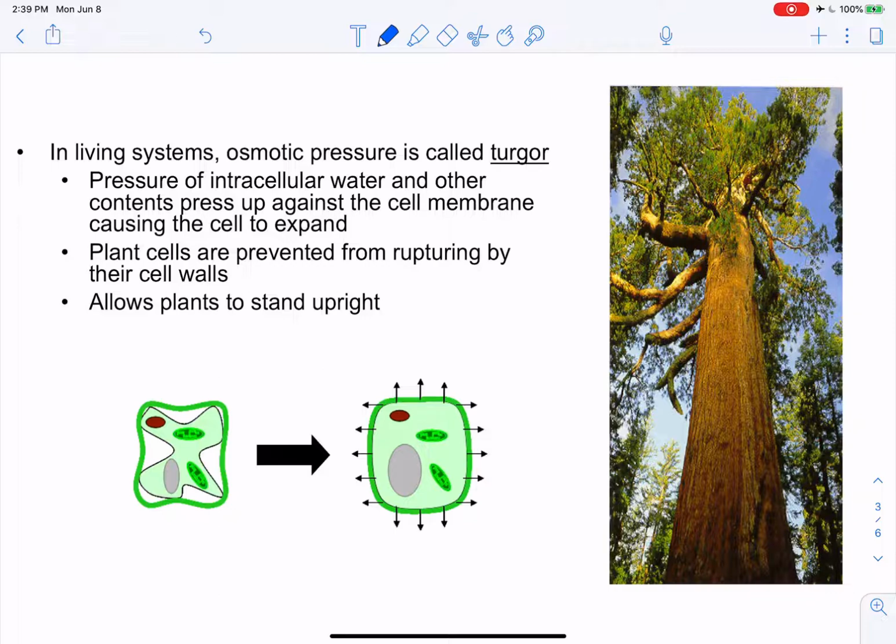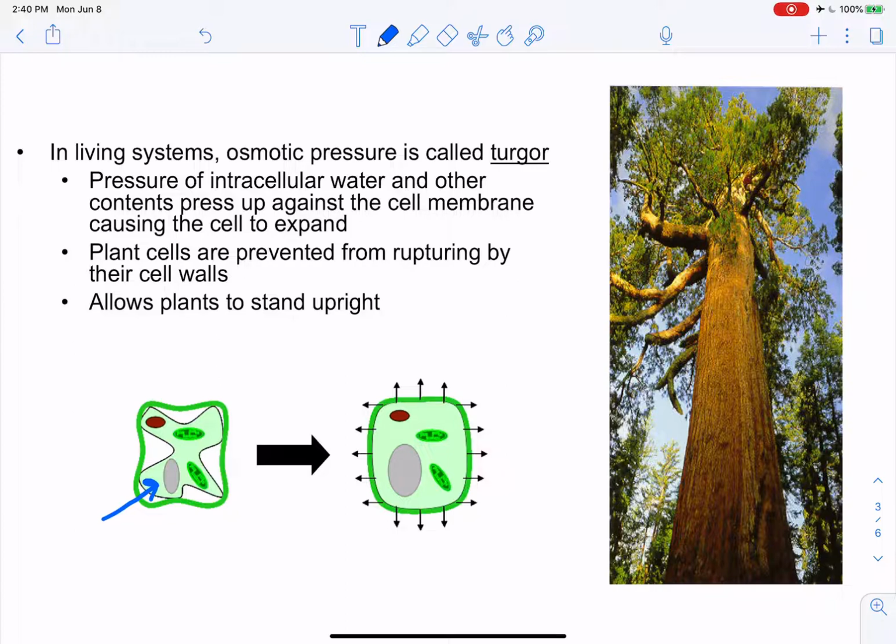So with our trees, what happens is we have regions of high solute concentration inside the cell, and water's going to want to rush in there and dilute that. When water does that, it expands the inside, and so the cell membrane will expand until it hits the cell wall, because plant cells have a cell wall, and that makes them nice and firm.